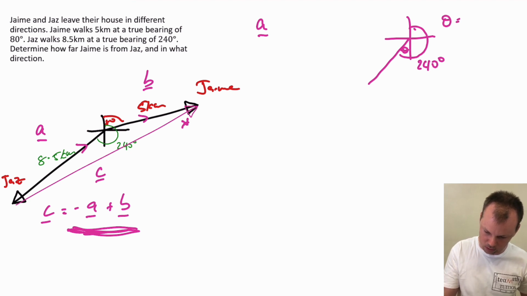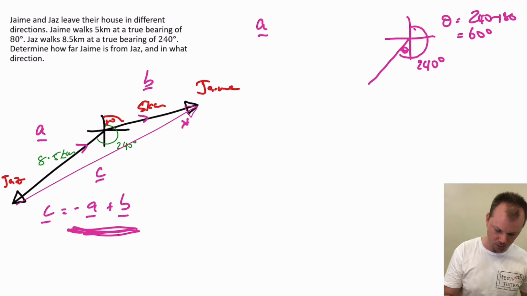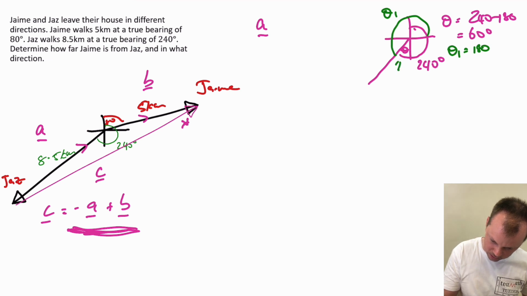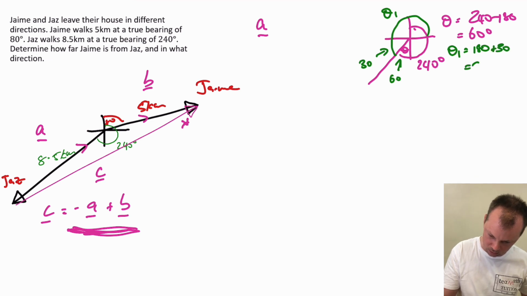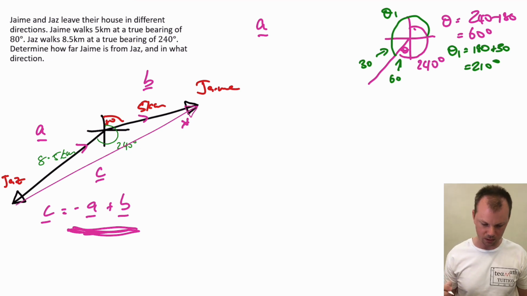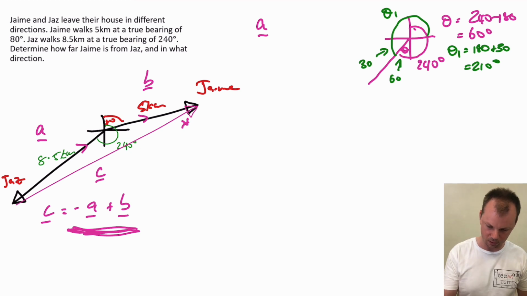Theta equals 240 minus 180, which is 60 degrees. If we are working out this part, and call it theta 1, that's 180. So this is 60. This must be 30, so it's 180 plus 30, which is 210 degrees. So we've got 210 degrees for vector A.